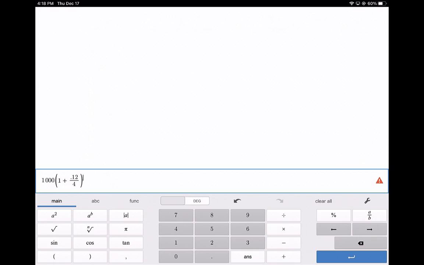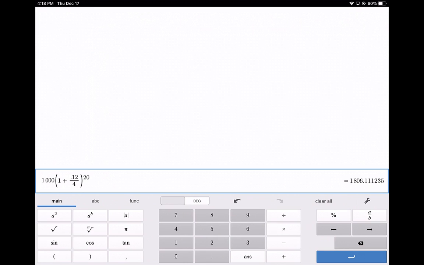So this will be for 5 years times 4 times. So 5 times 4. We could just put the 20, but it's not letting me do that. It keeps doing that. All right, I'll just put the 20 here. 5 times 4 is 20. It wouldn't let me type the 5 times 4.